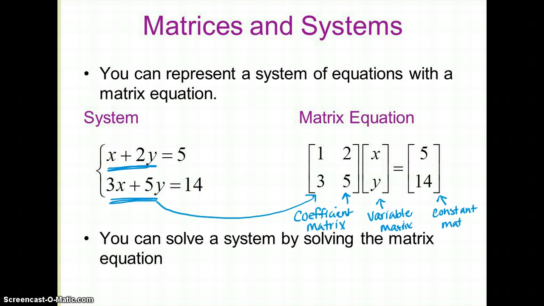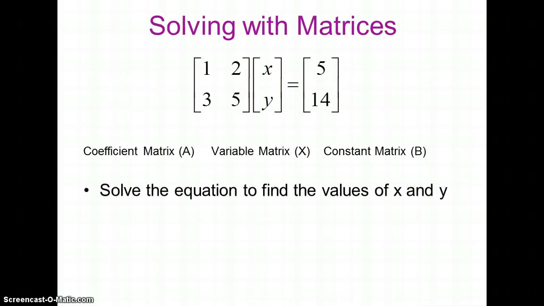This is the matrix that holds the numbers that would be the solutions or the constants in my equations in my system. So I'm going to set up this equation from my system to a matrix equation, and then I'm going to solve this matrix equation to actually find the ordered pair where these 2 particular lines would intersect. Okay, so let's look at how that would happen.